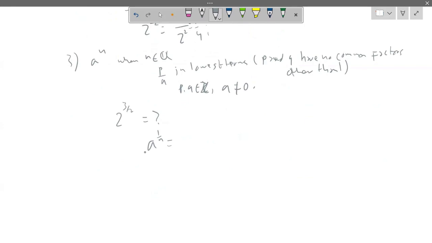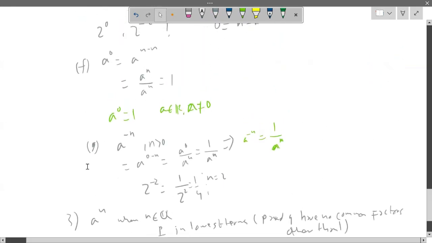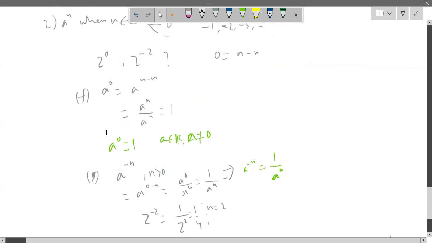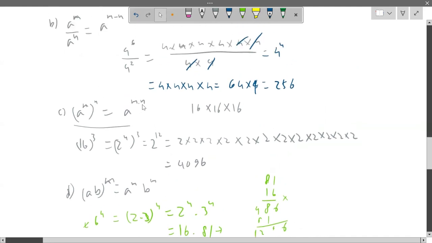Because we don't know what a to the power of 1 over n is yet, we're going to assume that it is b. So b is the quantity that we want to find. Now, we take a look back at another one of the properties that we established before, which is the multiplication of exponents. I forgot to write it down, but here we only demonstrated it for integers, so both m and n have to be integers.